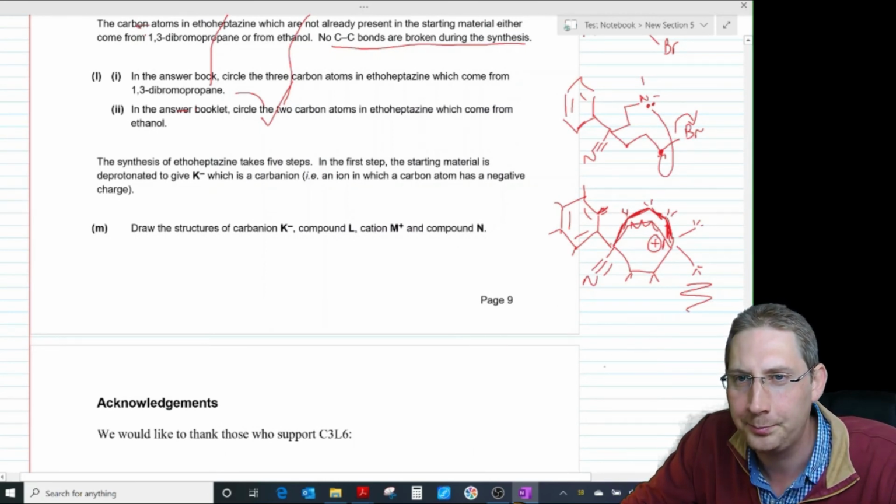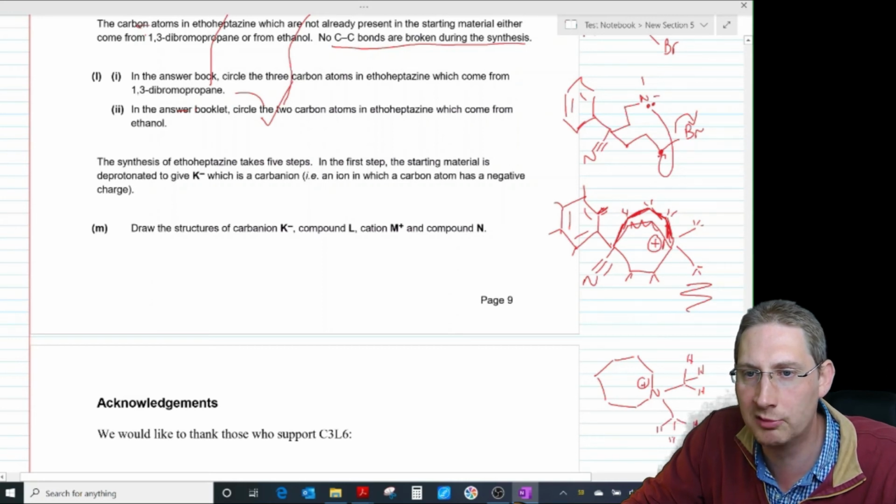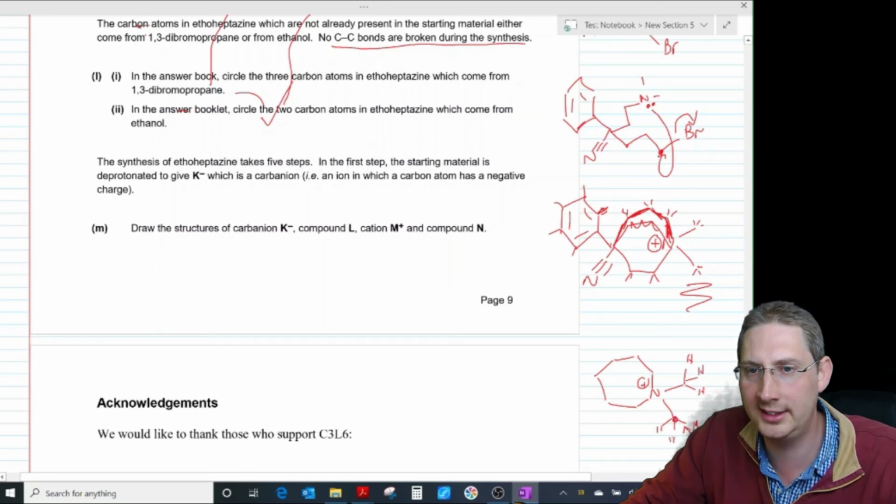and again, I'm not going to draw the whole thing because I can't be bothered. 1, 2, 3. So we've got the nitrogen here. 1, 2, 3 hydrogens. 1, 2, 3 hydrogens. Let's say that bromine comes in, attacks that carbon. Now you might say, why is it going to attack that carbon?